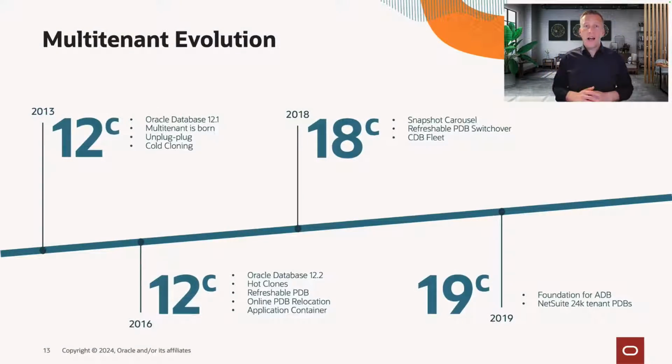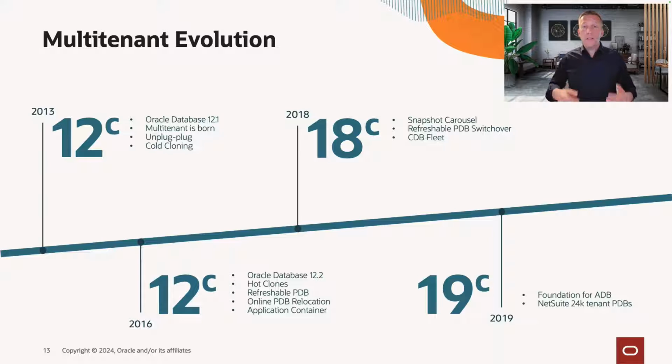The multi-tenant architecture is not new anymore. It's actually been more than 10 years since we introduced the first version of Oracle Database to support the multi-tenant architecture. That was in 12.1. We greatly enhanced it in 12.2, and then enhanced it again in 18 and 19.